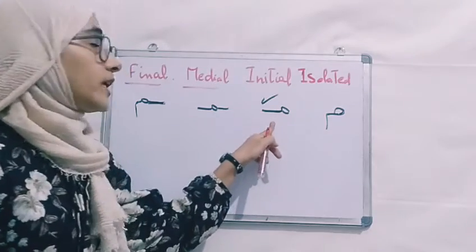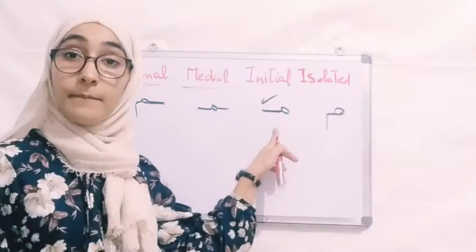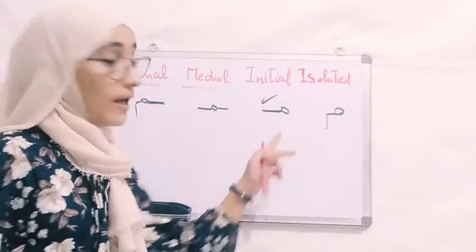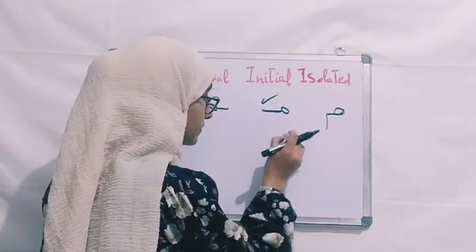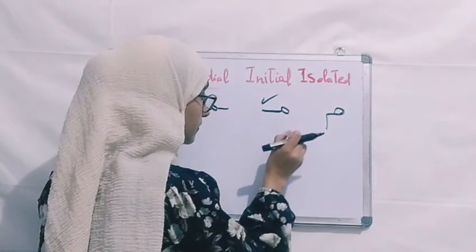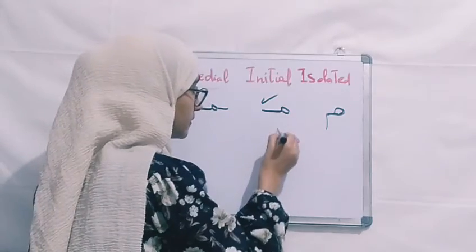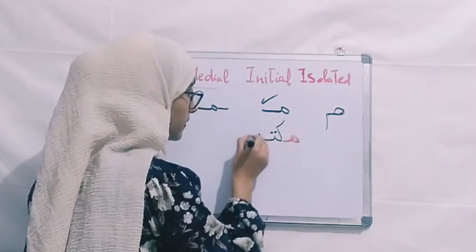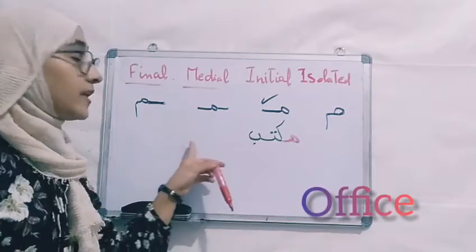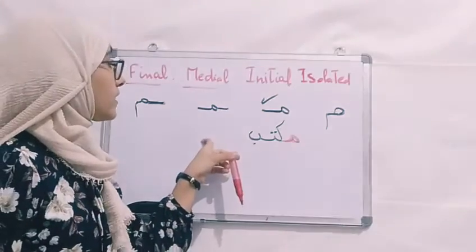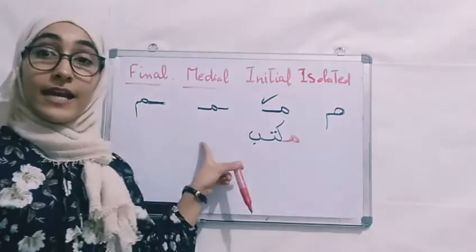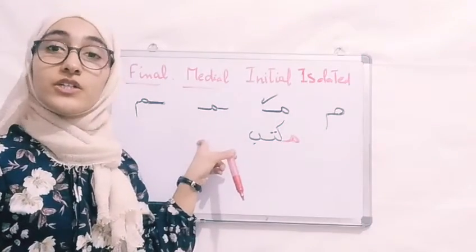So for example, in initial form, مكتب, as we saw, means office. Then in the middle form, we have جمل, which means camel.